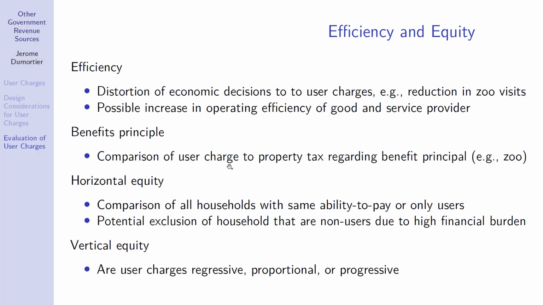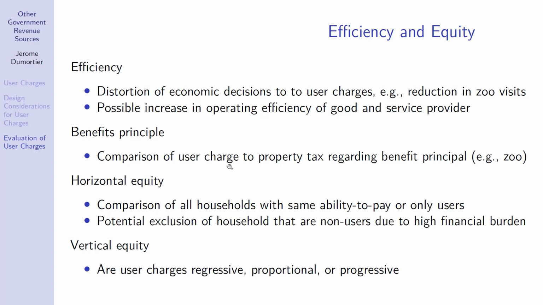Now it gets a little bit more complicated when we talk about the horizontal equity of user charges, because the first problem is whether you are comparing all the households with the same ability to pay, or only the households that are actually using the service. And there may actually be a reason why the people with the same ability to pay are not going to use the service. So there may be a distortion in the measurement of horizontal equity.